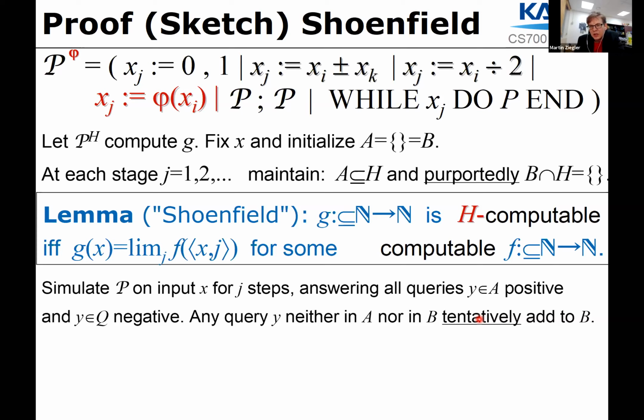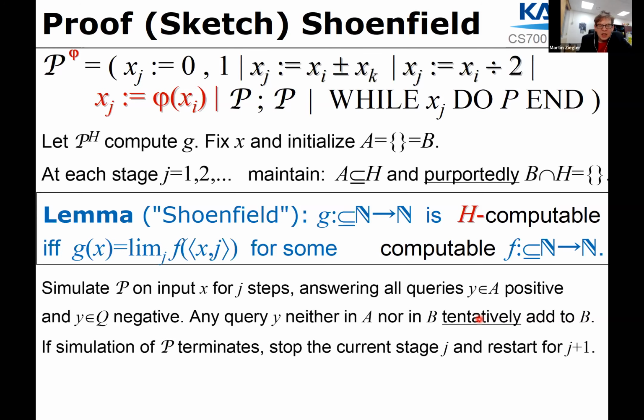That's the hard part. Okay, and the approach here is the following: to put it tentatively into the set, and then to keep verifying while our simulation continues that all the elements we've put into the set indeed do not belong to the halting problem. And how do we do that?